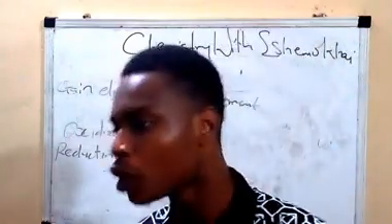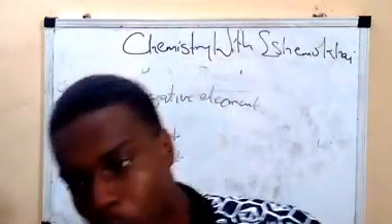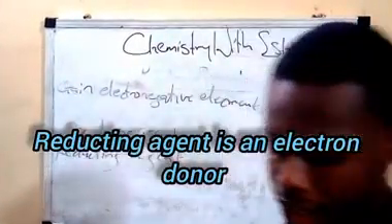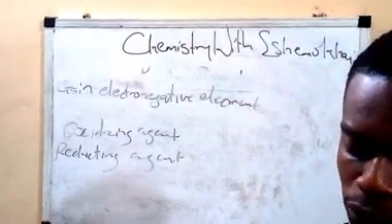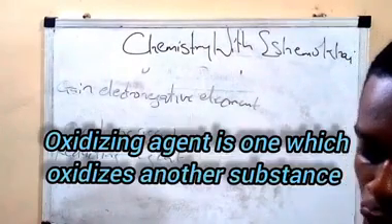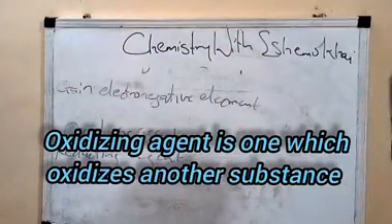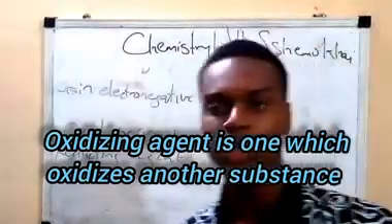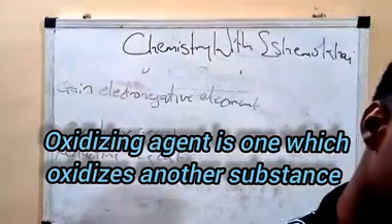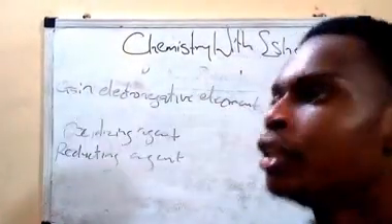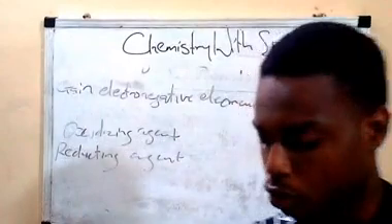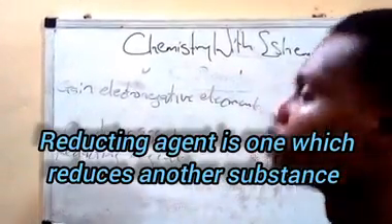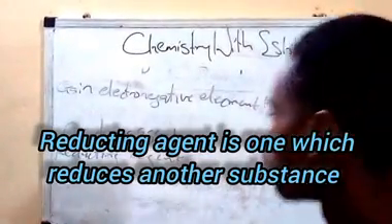So a reducing agent loses electrons, or is an electron donor. And before we round up, an oxidizing agent is one which oxidizes another substance. So the reducing agent is going to be the total opposite, which is one which reduces another substance.